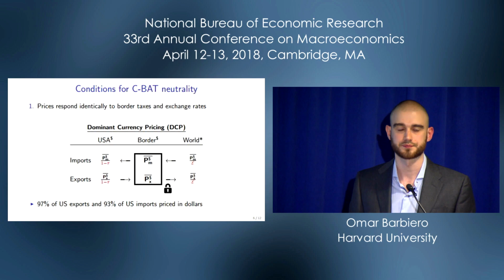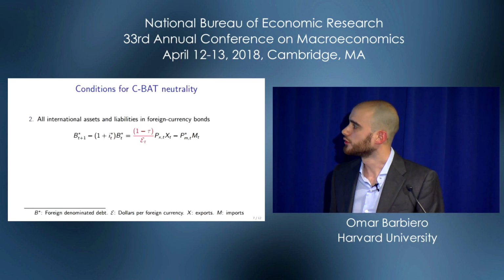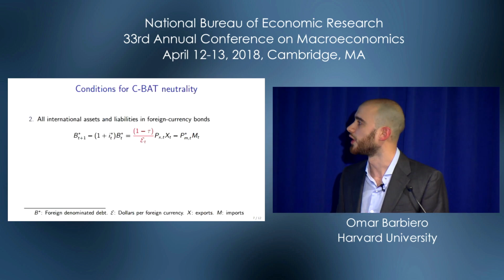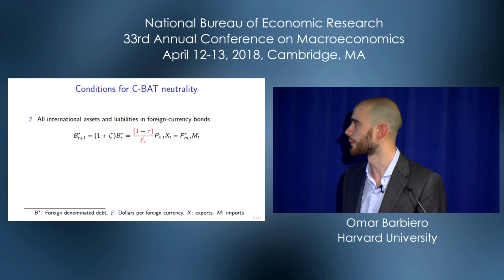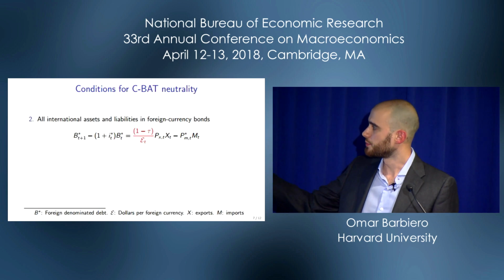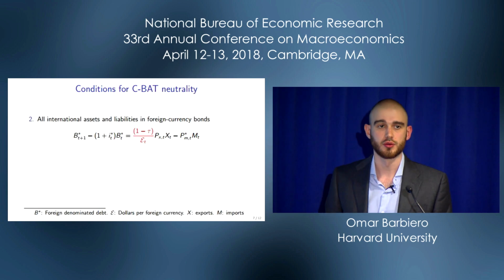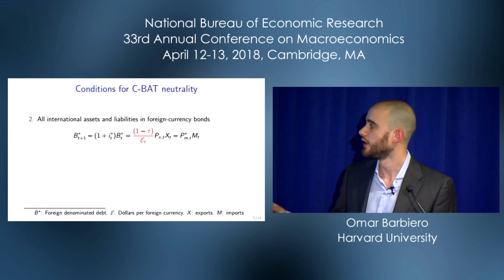The second condition that we imply for neutrality is that all international assets and liabilities of a country should be in foreign currency. You can see why this matters just by looking at the budget constraint of the US expressed in foreign currency.